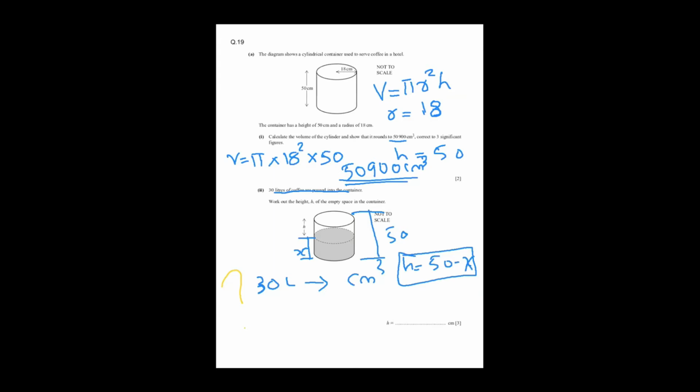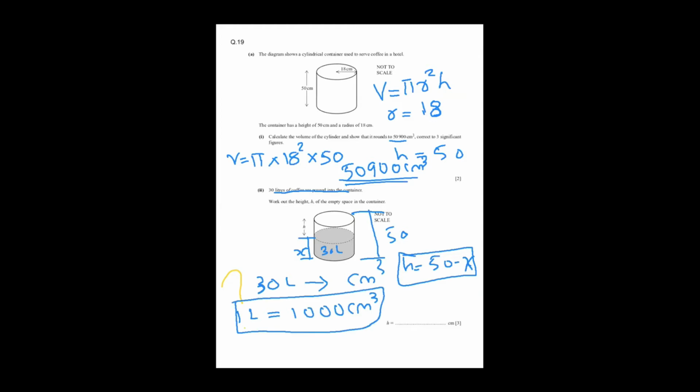We know 30 liters of coffee is poured into this container. So how can you convert this 30 liters into centimeters cubed? What is our conversion formula? 1 liter is basically 1000 centimeters cubed.